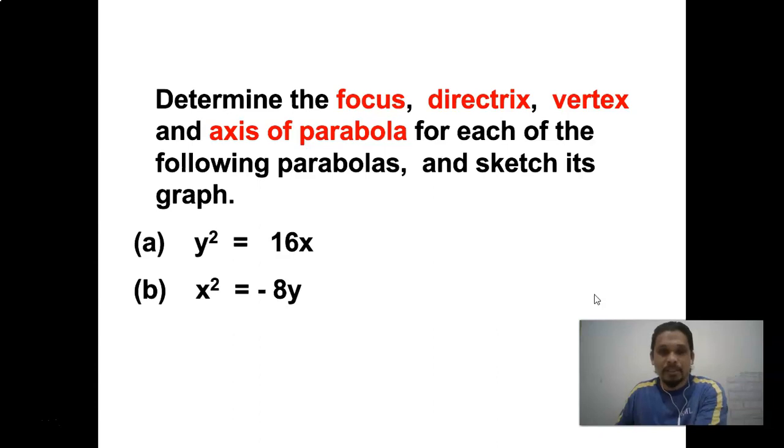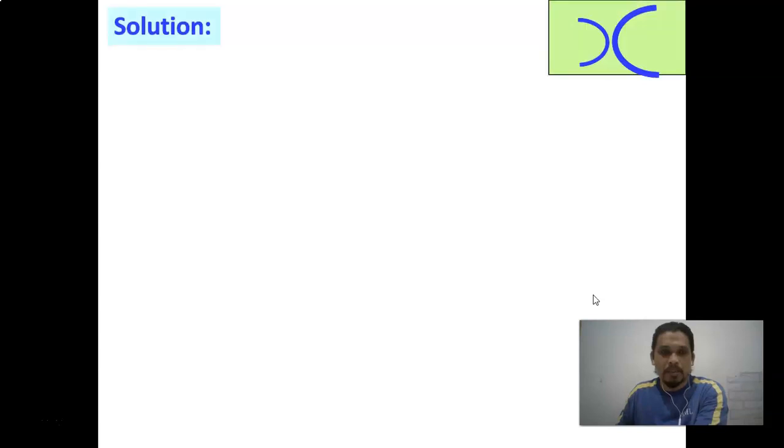Okay, so the first one. Solution for question A: y squared equal to 16x.